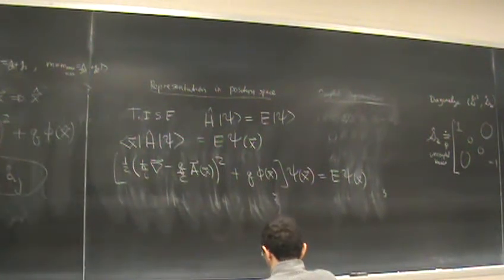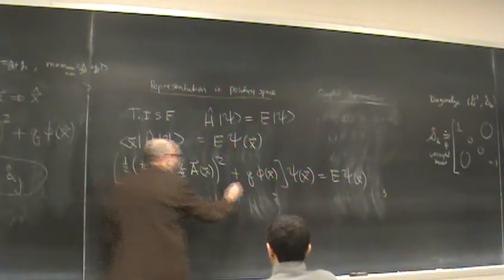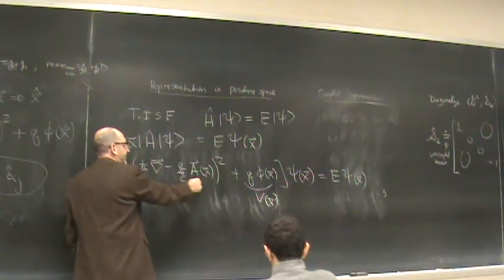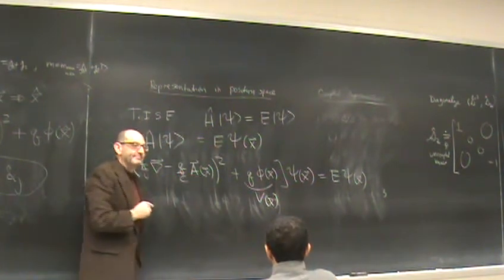So that's the Schrodinger equation, including, this is what we would just call V. But now, because of this vector potential, I have this craziness.